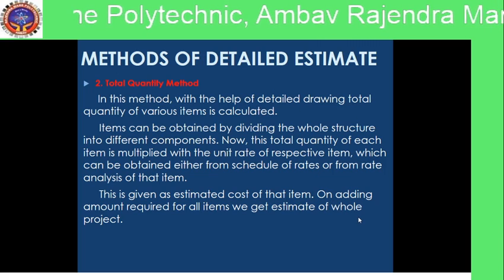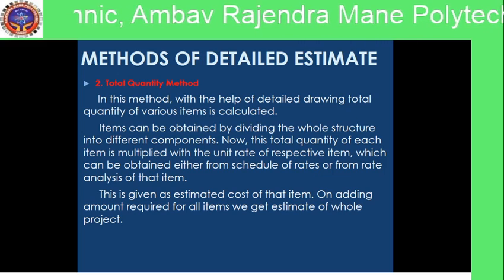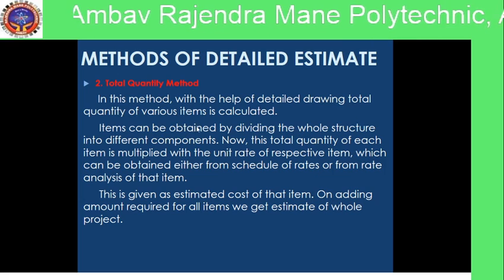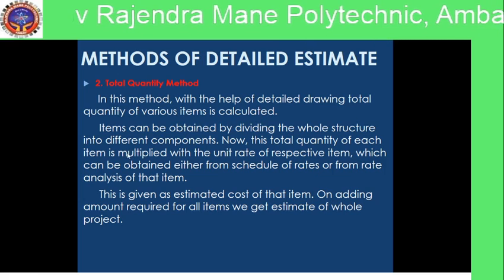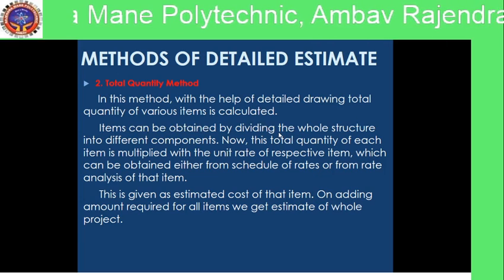And total quantity method. In this method, with the help of detailed drawing, total quantity of various items is calculated. Items can be obtained by dividing the whole structure into different components.